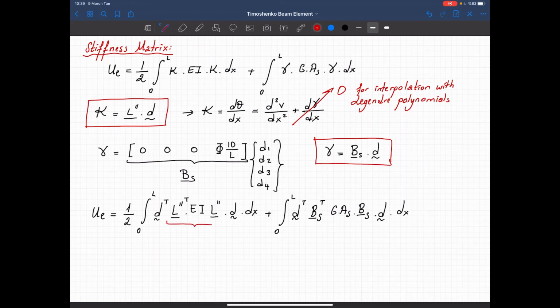So this part, remember that, we call it KK, stiffness matrix for bending deformation. For general displacements.